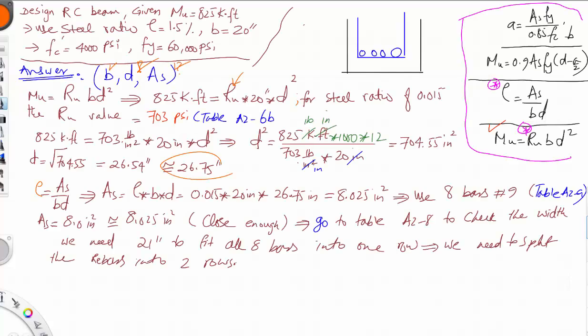So let's go back. So we need to calculate now the cover to know exactly how much is the total depth. So recalculate. Sorry, calculate the cover.